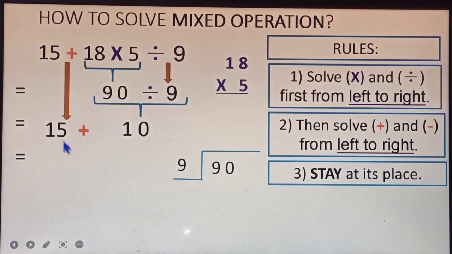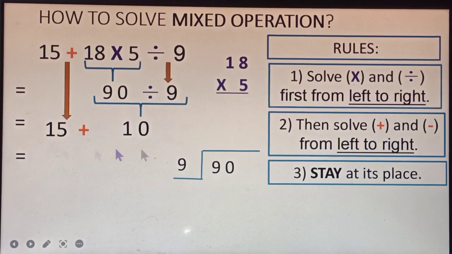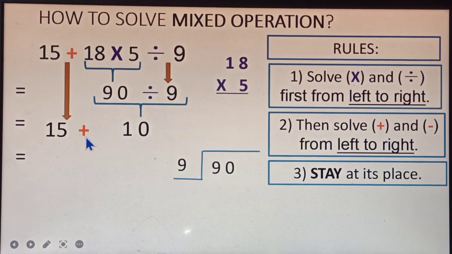I just bring down in the same place to add with the 10. Also in the same place, not moving. So that is what we call stay at its place. So 15 plus 10 equals, yes, 25. Alright, so follow these rules. The rules are very important.